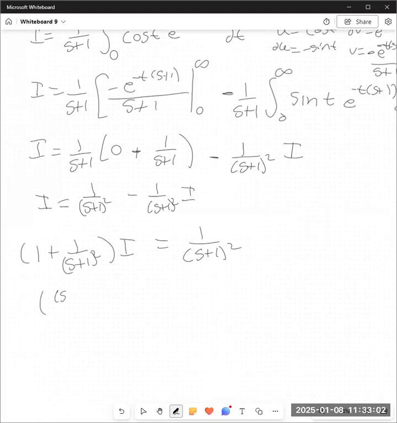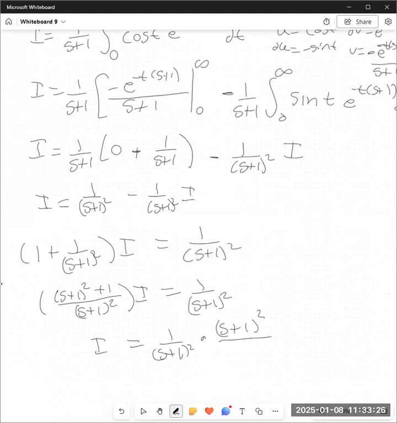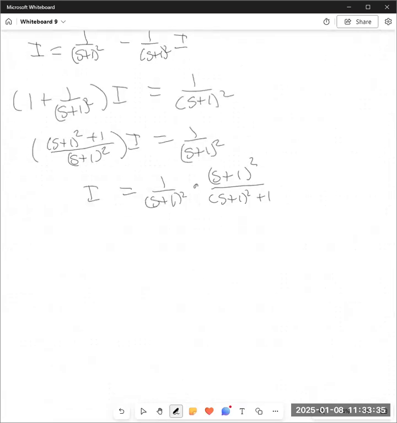This is s plus 1 squared plus 1 over s plus 1 squared, times I, equals 1 over s plus 1 squared. So when I multiply by the reciprocal, my answer for my Laplace transform is in the form of 1 over s plus 1 squared plus 1.